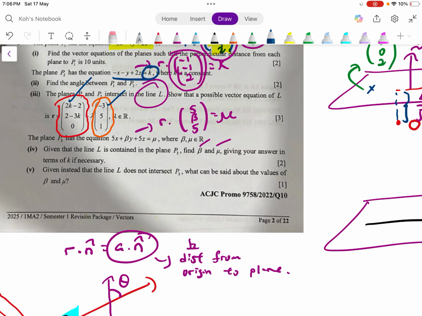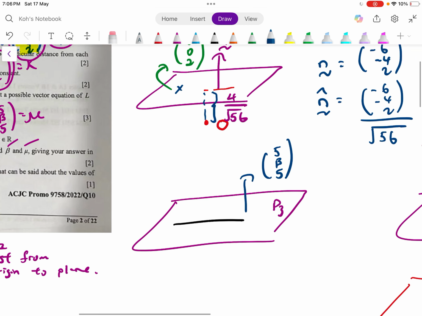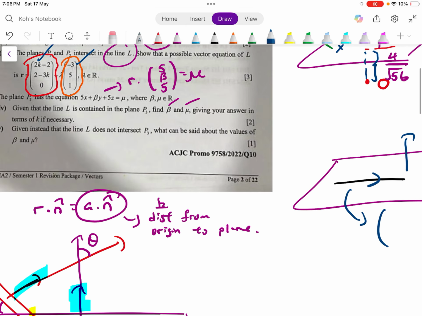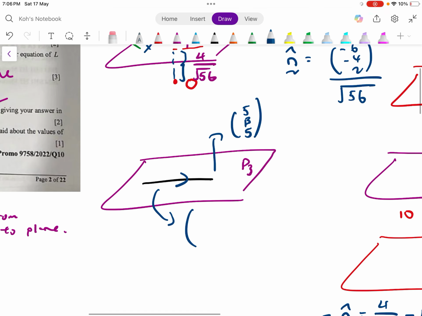Let's determine our beta first, the easy part first. The direction vector is negative 3, 5 and 1. How do I find beta based on these two pieces of information? Apparently the two vectors are perpendicular. As long as they're perpendicular, you can use the dot product, because the dot product of two perpendicular vectors will give you 0.